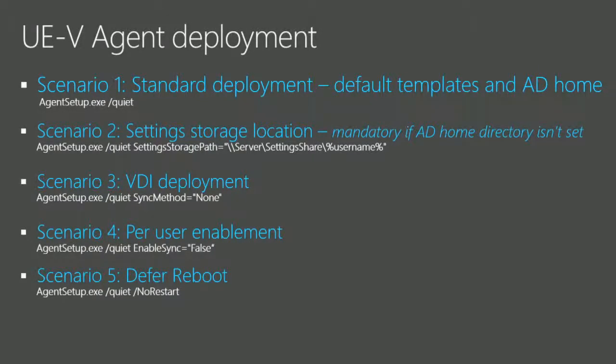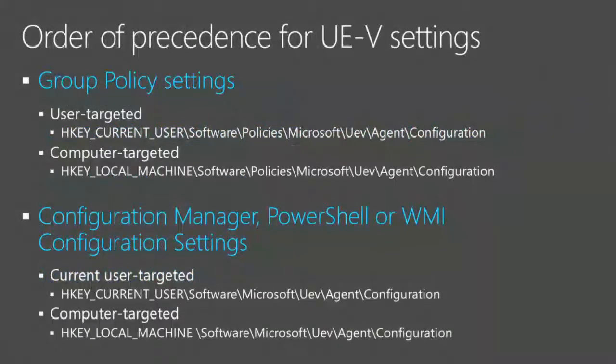So on the slides, really just a couple of scenarios, where you do a standard deployment using the default templates into the user's home folder on Active Directory. You can modify specific settings locations during the install and really just utilize a lot of setting options during the installation of the agent. Now, when you're using group policy, we'll look at it a little bit later in the demo.